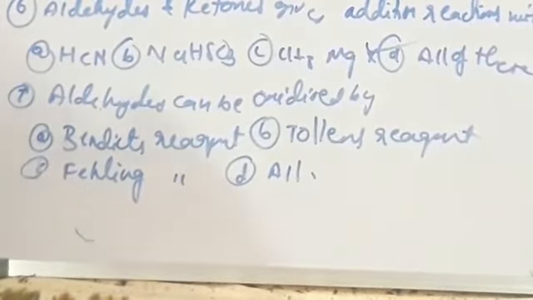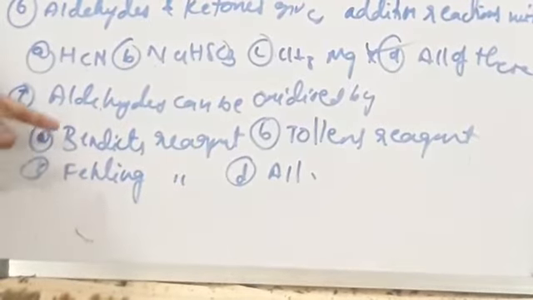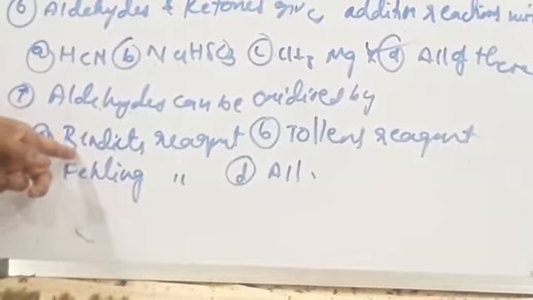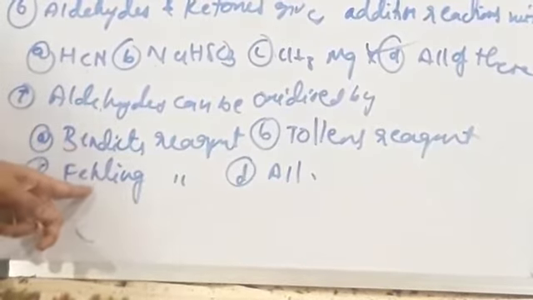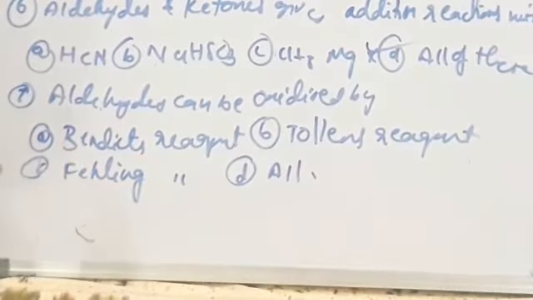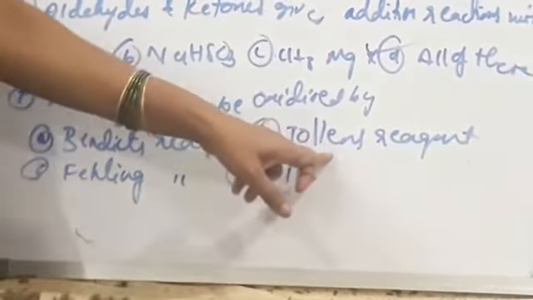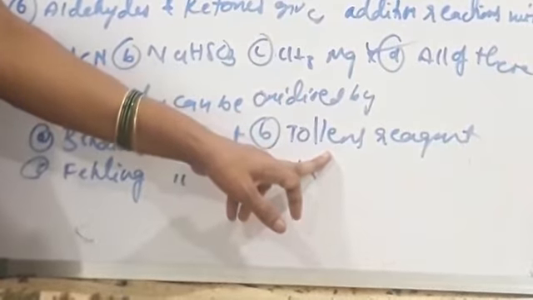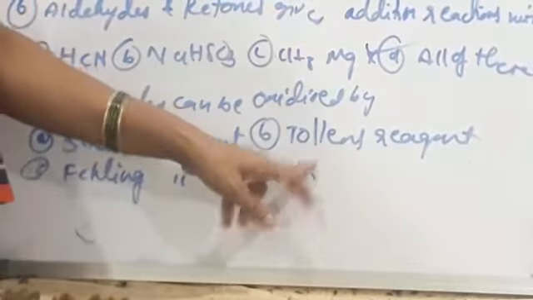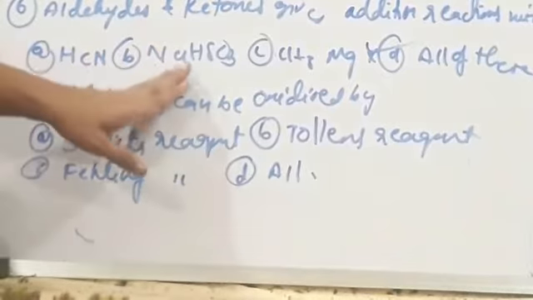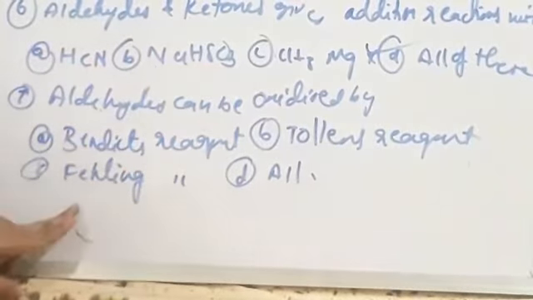So with Benedict's reagent, aldehydes give a red precipitate. Ketones do not respond. With Fehling's reagent also, aldehydes give a red precipitate, ketones do not respond. And Tollens reagent is ammoniacal silver nitrate solution. It gives a silver mirror with aldehydes, whereas ketones give no response. So aldehydes can be oxidized by all these reagents. So option B.